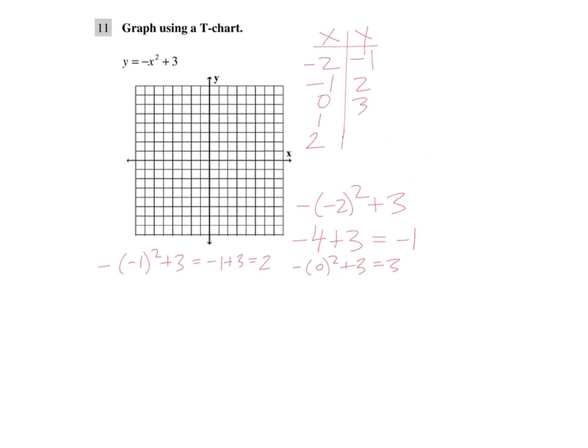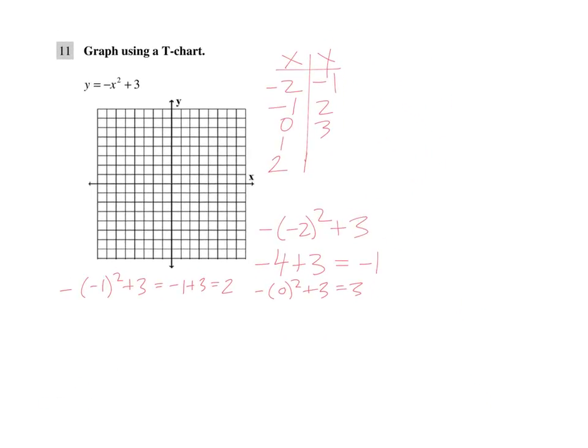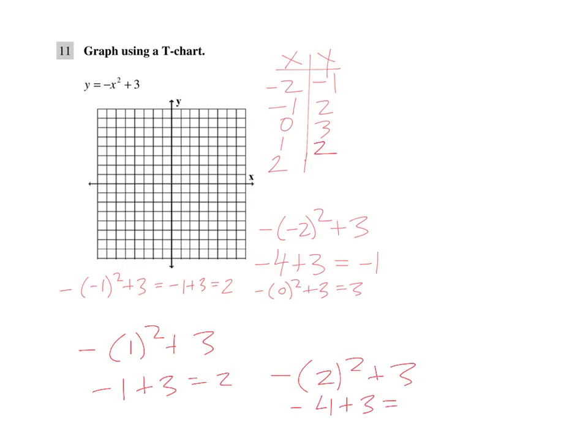All right. Plug in 1. And I get negative 1 plus 3, which is 2. Plug in 2. And I get negative 1.